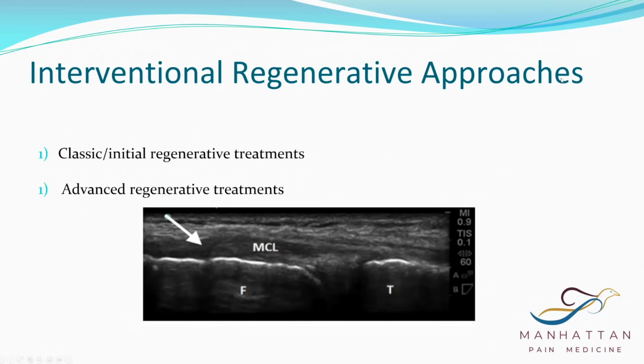But where the arrow is pointed, it's what's called a fusiform shape. It kind of looks like a football, and it's dark, which means there's swelling and edema in that ligament. That would be a good target for focused treatment with a regenerative approach. Next slide.